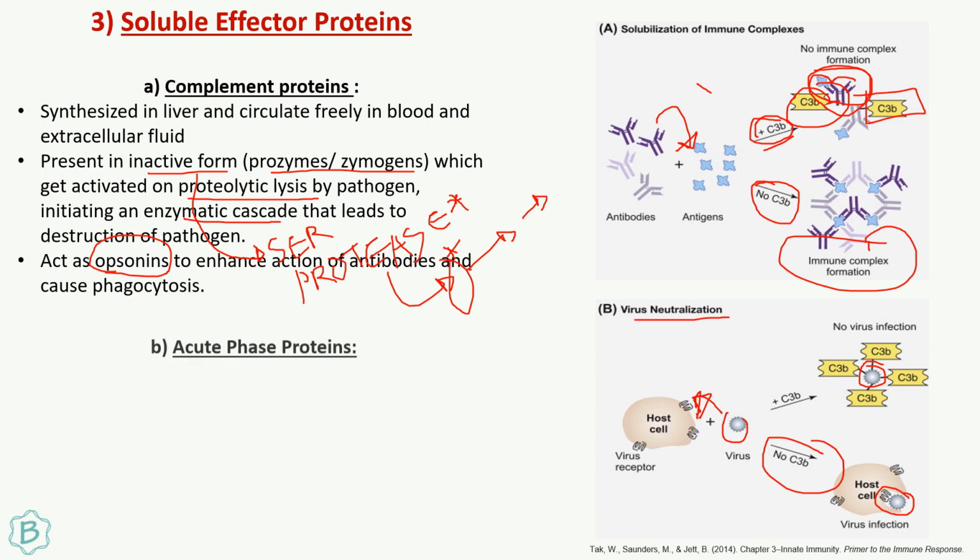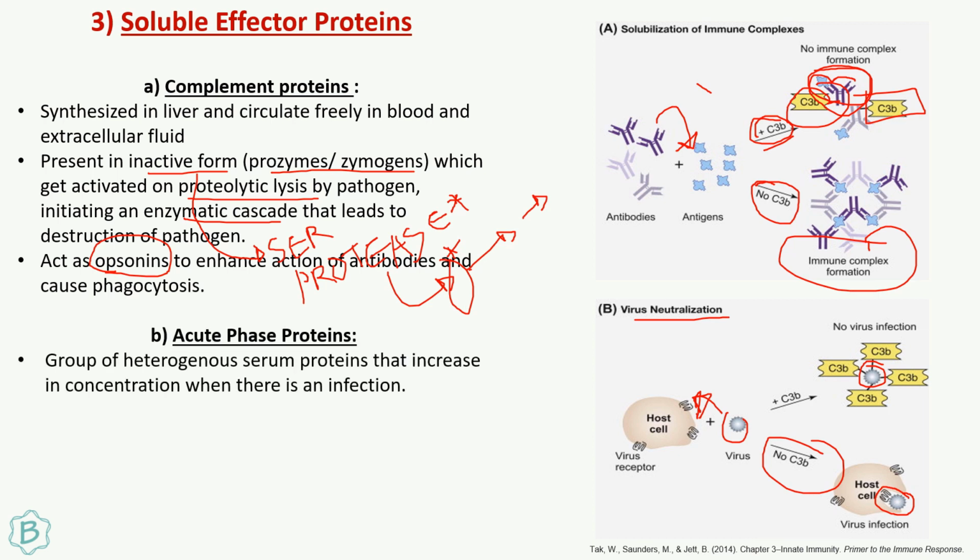Now the second type of effector protein is acute phase protein. These are plasma proteins like complement proteins as well. They will increase in concentration only when there is an infection. So this is very contradictory to complement proteins. Complement proteins are freely circulating in the blood in inactive form, but acute phase proteins are only produced in case of infection.